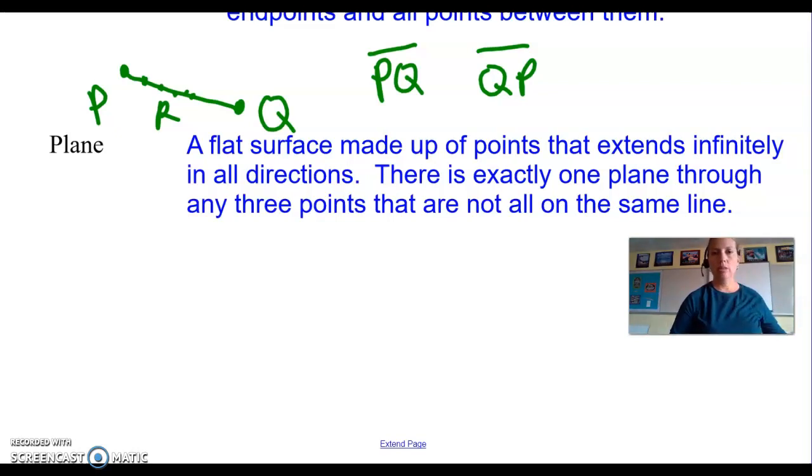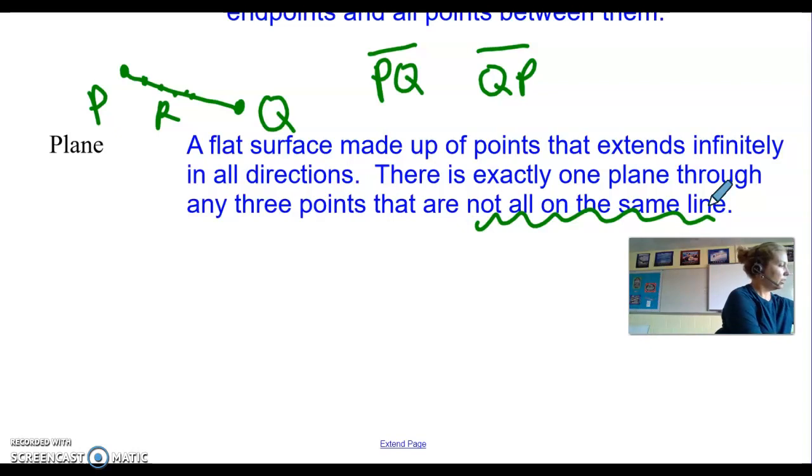When we name the plane, it says there is exactly one plane through any 3 points. So when we name a plane, we have to name at least 3 points that are on the plane, but they cannot be on the same line. Here's an example. Here's a plane, and there is a line on the plane that I drew.